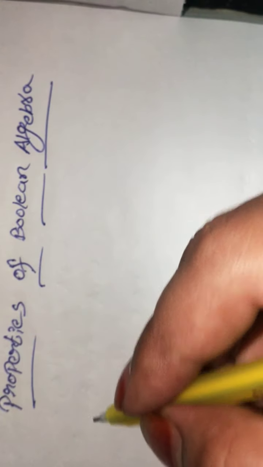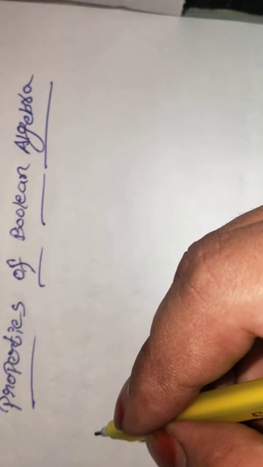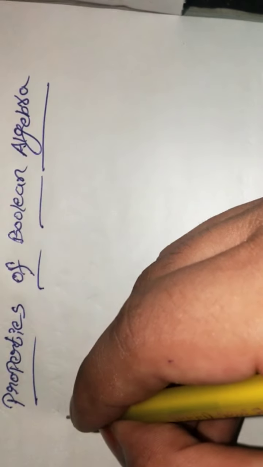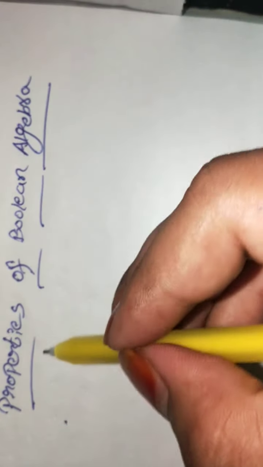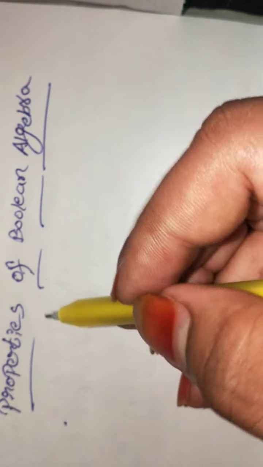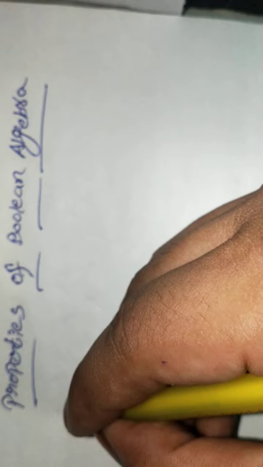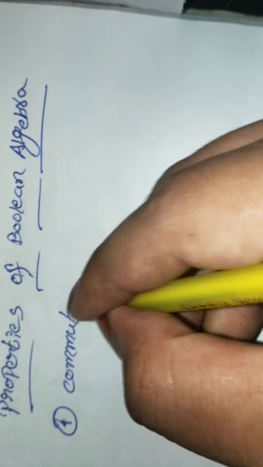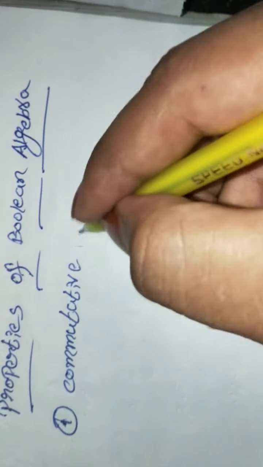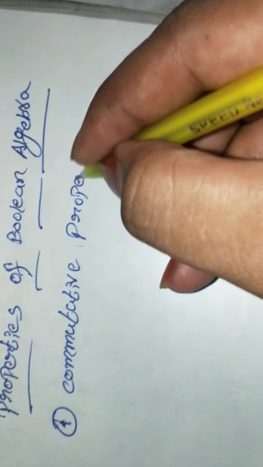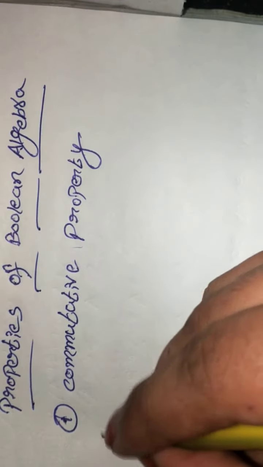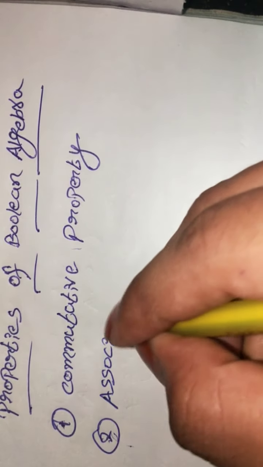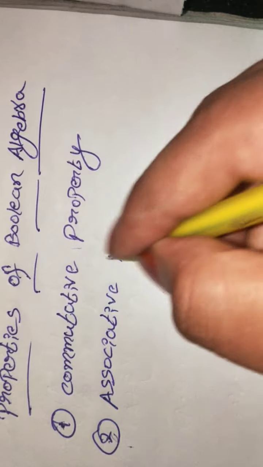Boolean algebra properties are mainly of four types. First one is the commutative property, and second one is the associative property.